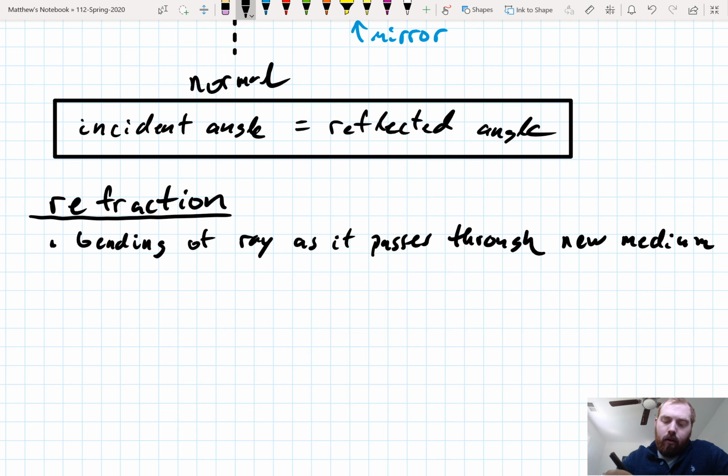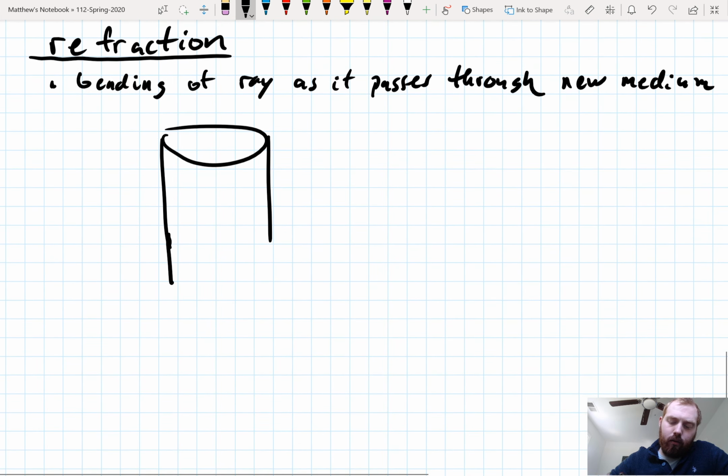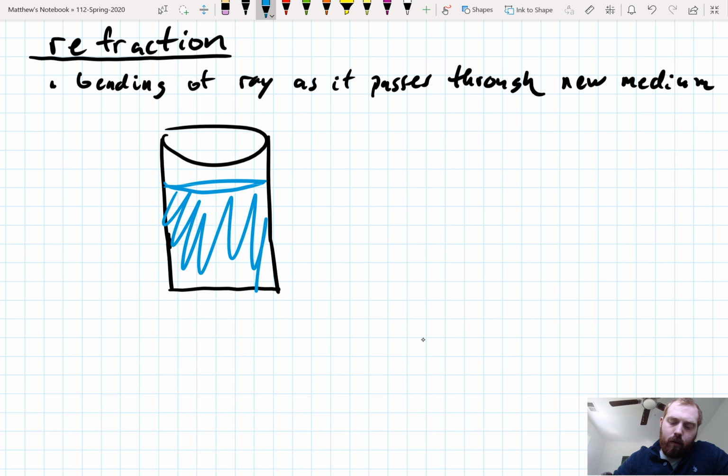For those of you who think about your glass of water. Get your glass of water here. Let's fill this up. And then you put in your straw.